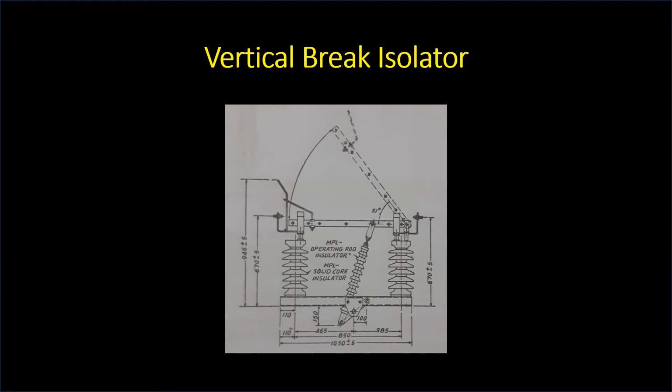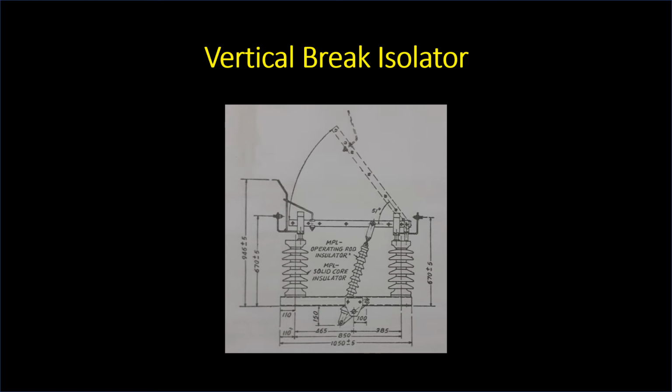Next is vertical break isolator. Its construction is somewhat similar to that of horizontal break isolator. You will find an assembly or stack of insulators on both sides. Fixed terminals or fixed contacts are fitted on this stack of insulators.